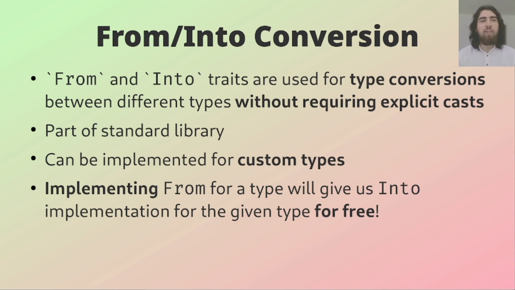It's part of the standard library and can be implemented for custom types. Implementing the From trait for a type will give us the Into implementation for the given type for free. Meaning when we implement From, we implement Into automatically. So always implement the From trait and not the Into trait.